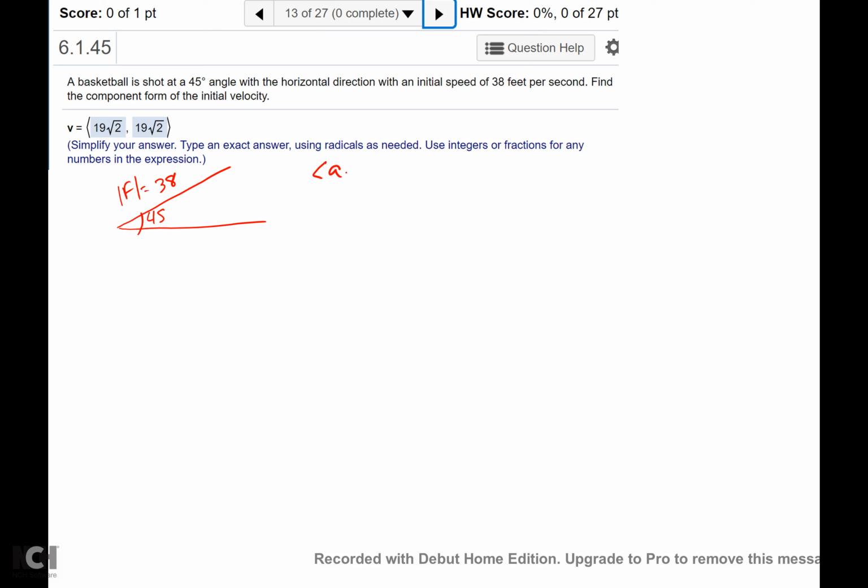Well, your AB is going to equal your magnitude, whatever I called it, F, times cosine 45, and your magnitude times sine 45. My magnitude was 38, so we have 38 times cosine 45, and 38 times sine 45.